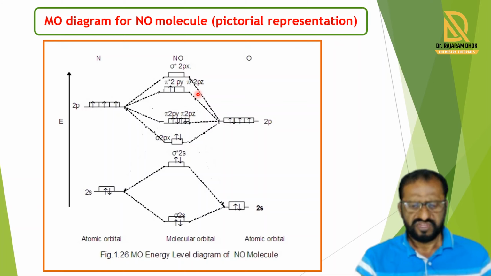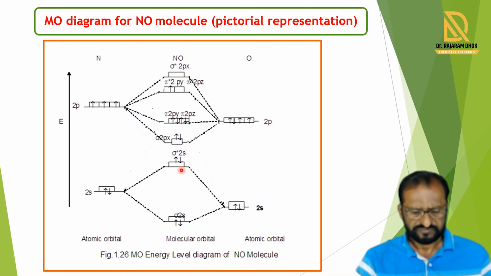In this way, 4 atomic orbitals of nitrogen and 4 of oxygen, 8 atomic orbitals in total, combine and form 8 molecular orbitals.